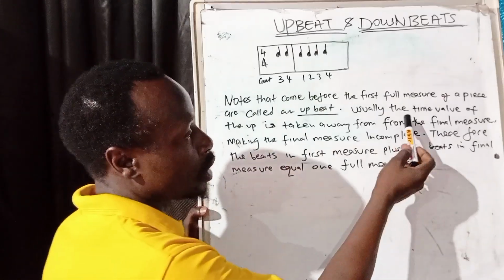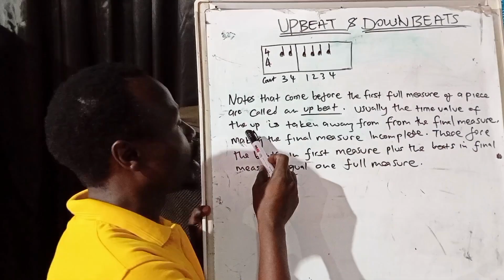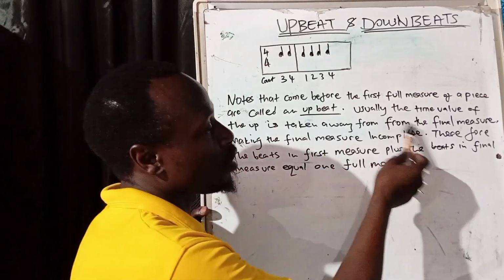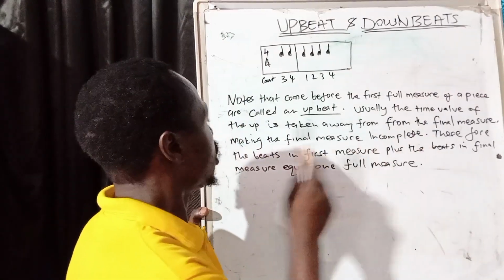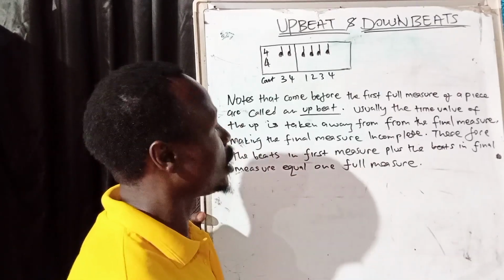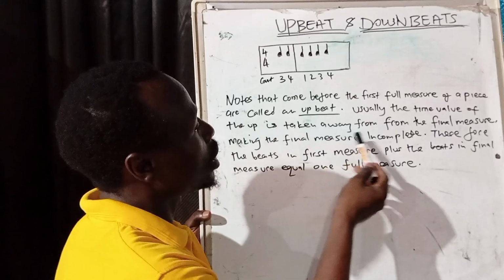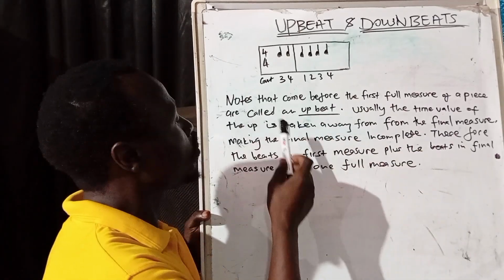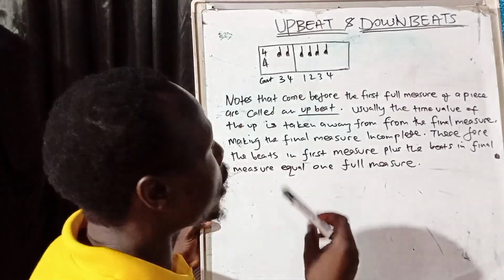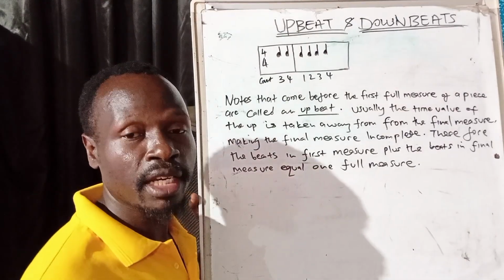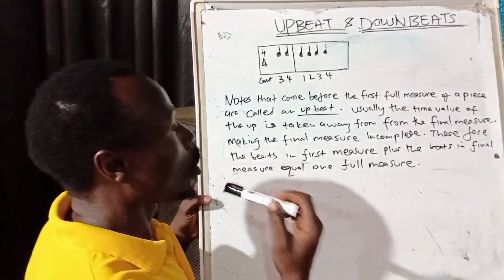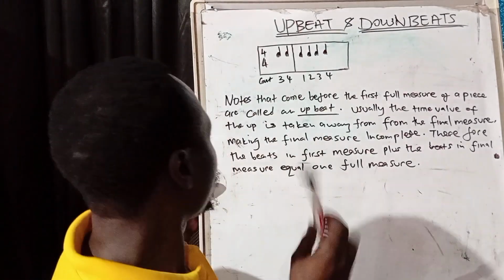And usually the time value of the upbeat is taken away from the final measure, making the final measure incomplete. I'm going to show you.